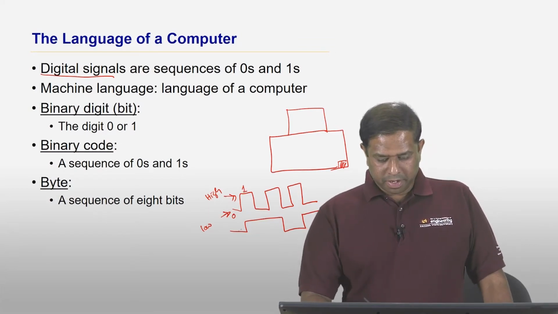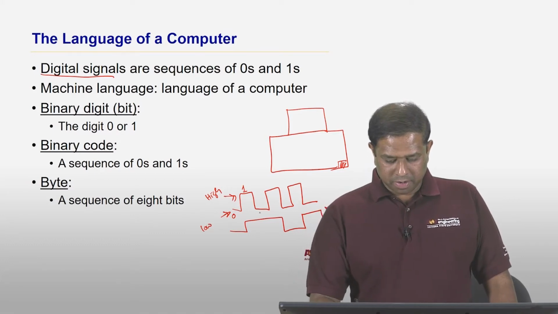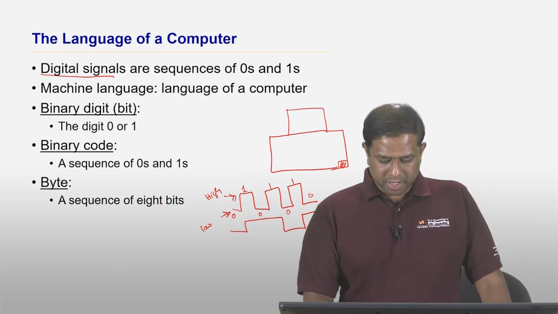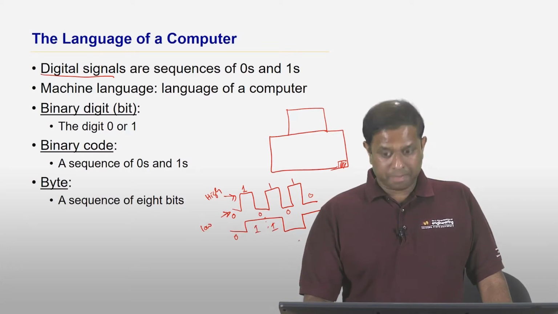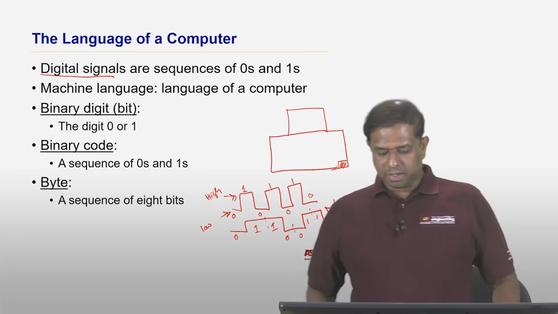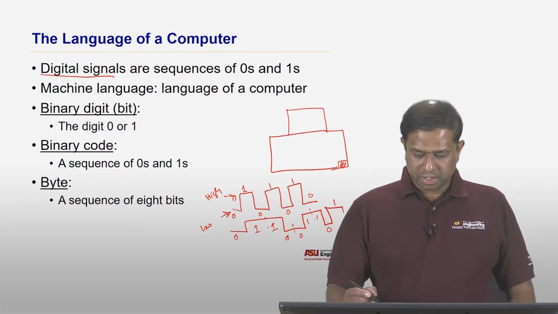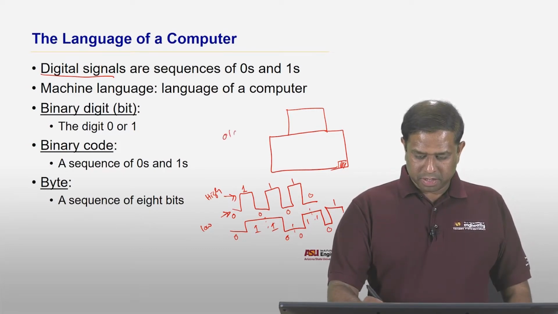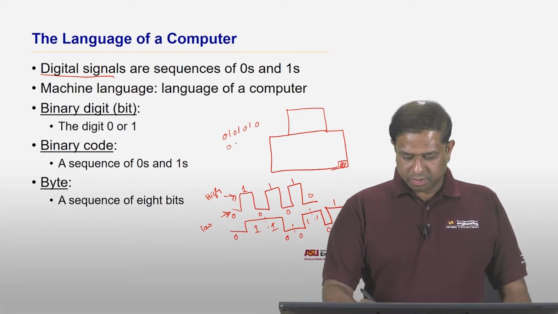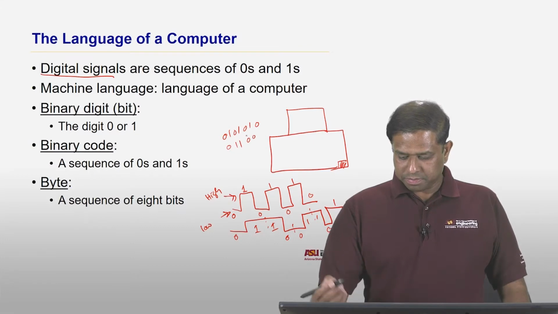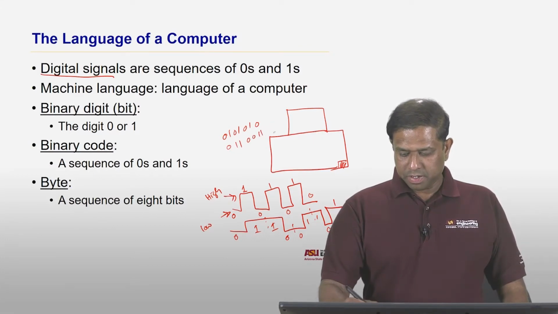If I encode the first signal, we have 0 1 0 1 0 1 0. For the second signal, we have 0 1 1 0 0 1 1 0 1. So we have two types of instructions here.